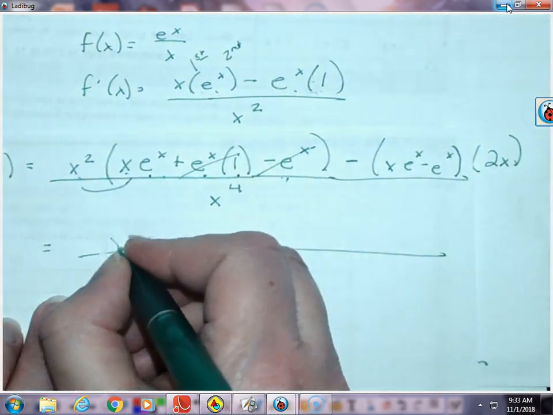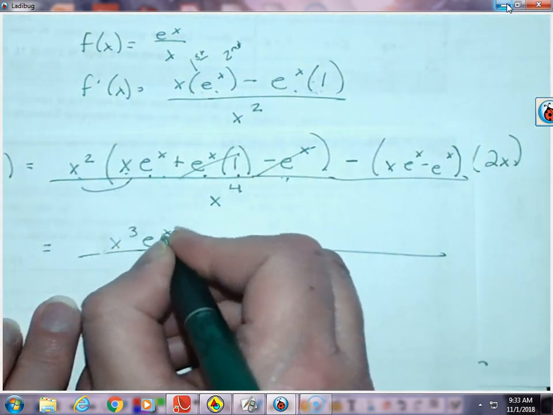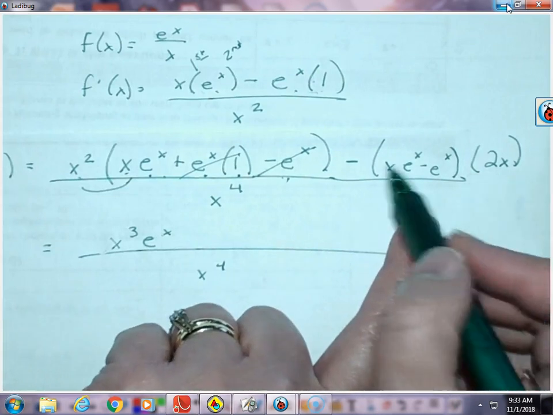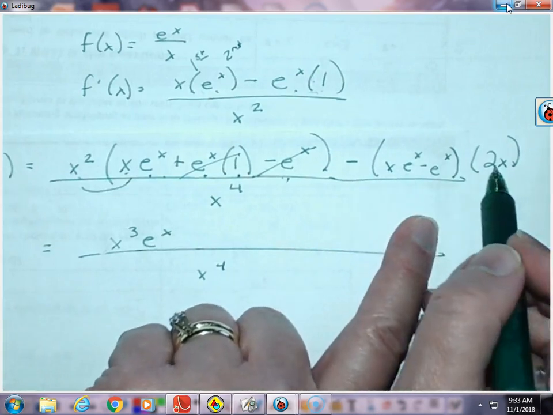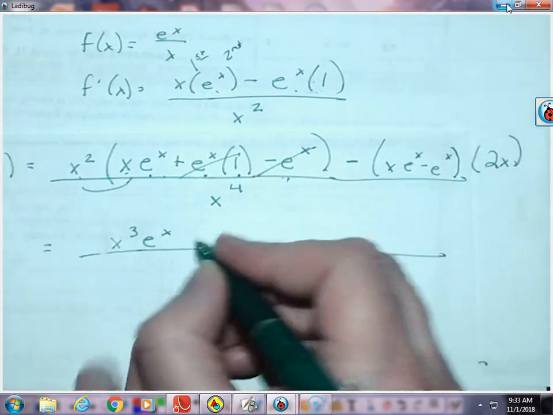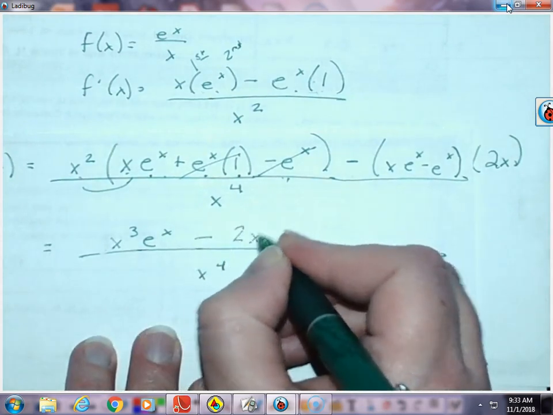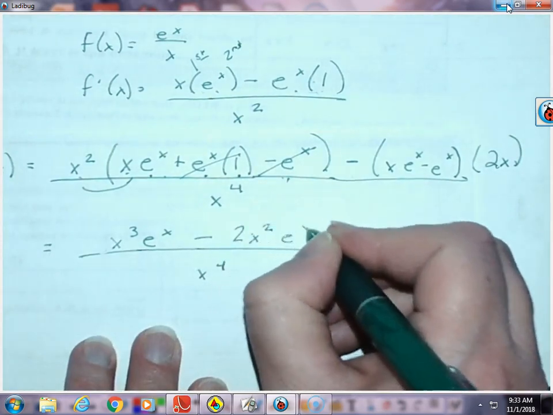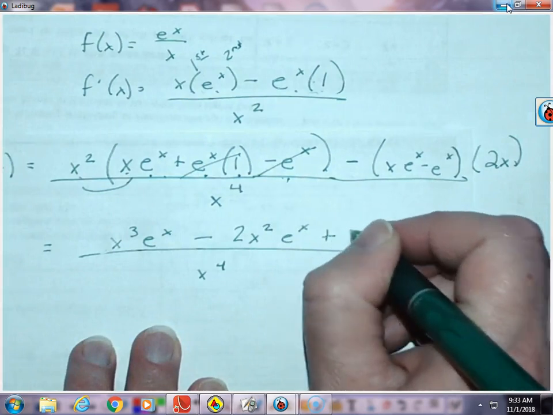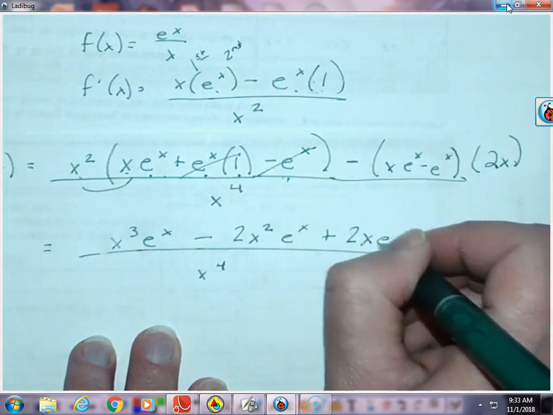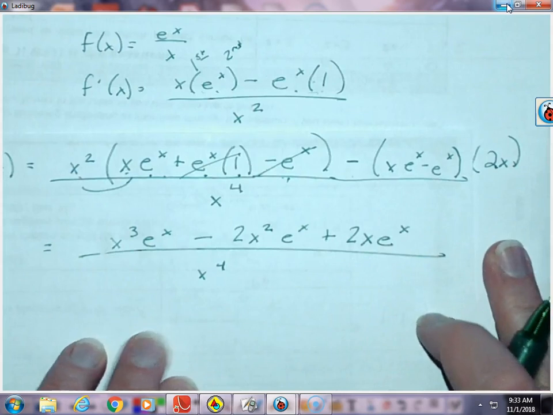So we're going to have x cubed e to the x, and then I've got to distribute the minus and the 2 to the x at the same time. So it would be minus 2x squared e to the x, and then plus 2x e to the x.